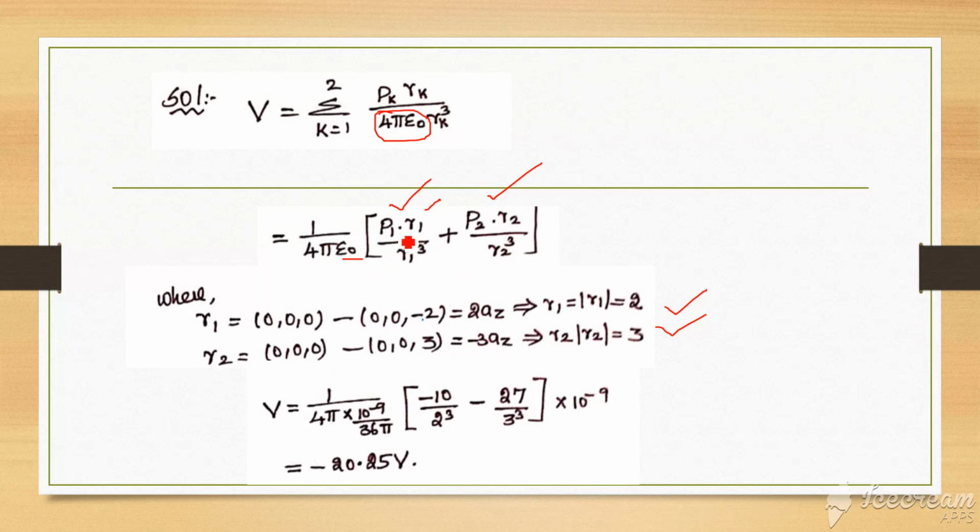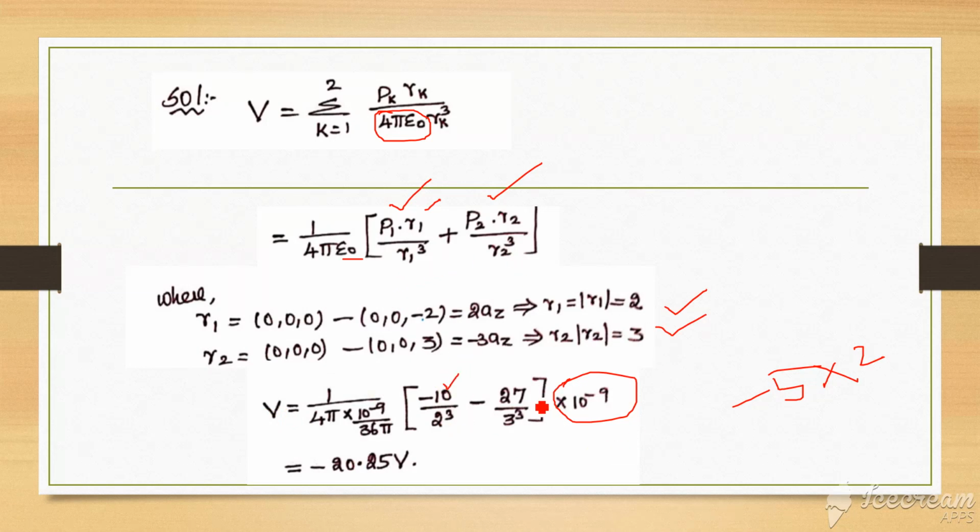The polarizations at the two points are given in nano, so I take 10 power minus 9. The remaining value: corresponding to P we have minus 5, so minus 5 into distance R1, which is 2, gives minus 10. In the denominator is R1 cube, that is 2 cube.